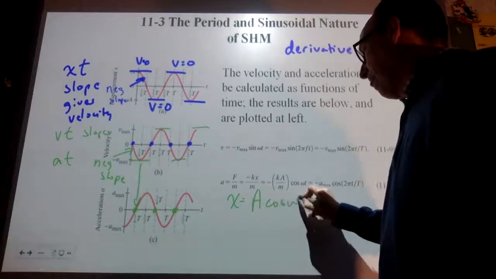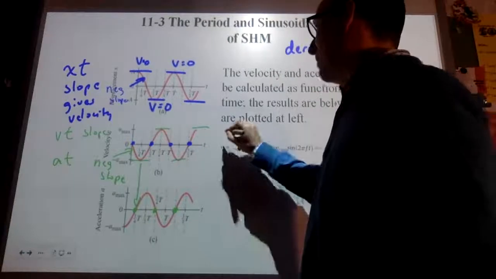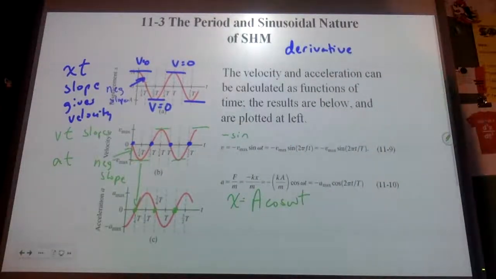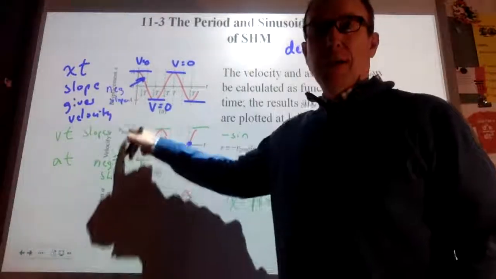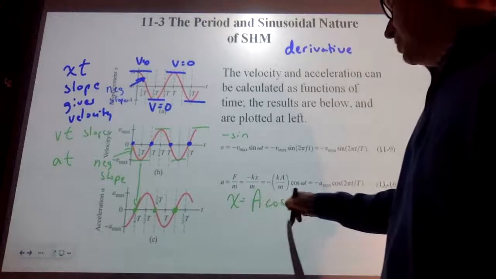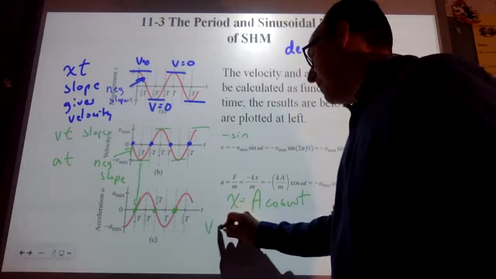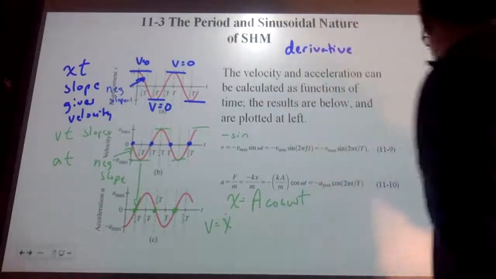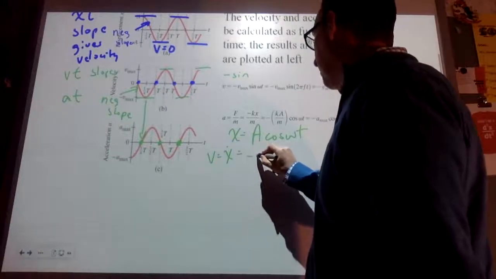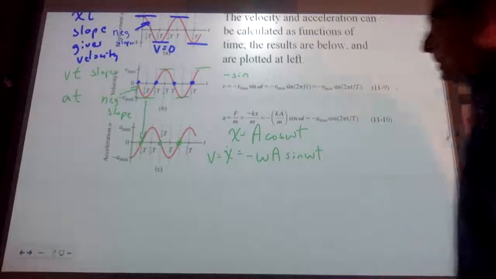So x is equal to A cosine omega t. We know this one is negative sine. We don't know what these values are, but we can find them out from our amplitude by taking the derivative of this, and the derivative of this gives us that v, which is going to be x prime, is going to be negative omega A sine omega t.